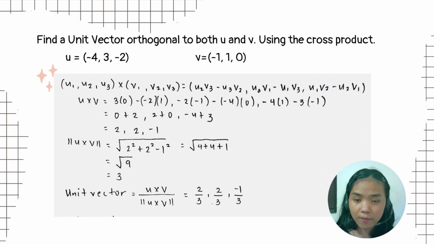So now that we have the magnitude of u cross v, we can now get our unit vector. Let's just plug in the values of u cross v over the magnitude of u cross v, which is 3. So we now have our unit vector 2/3, 2/3, and -1/3.